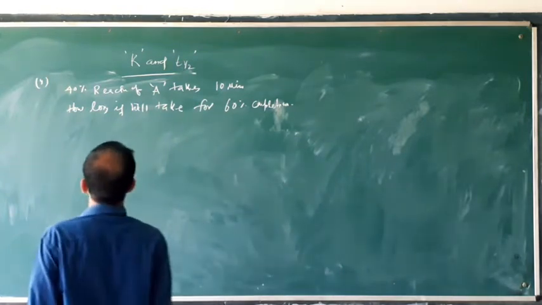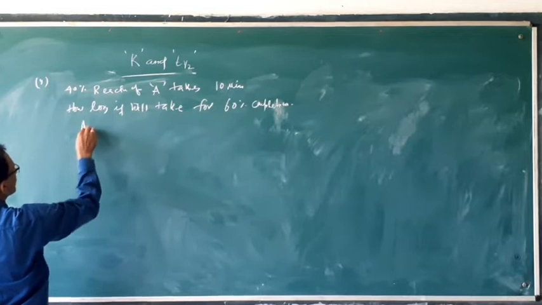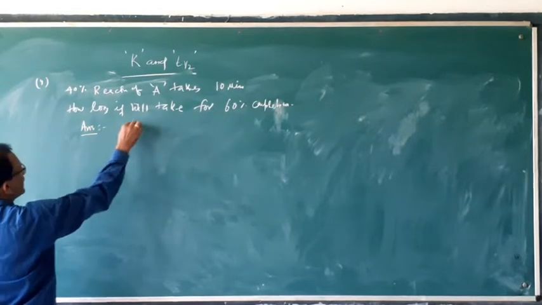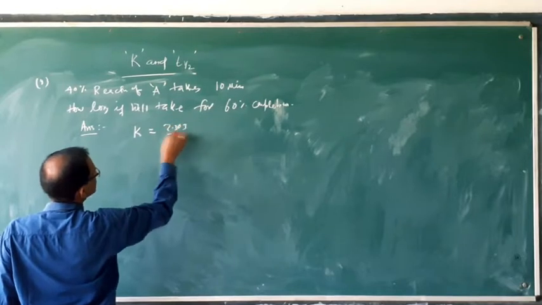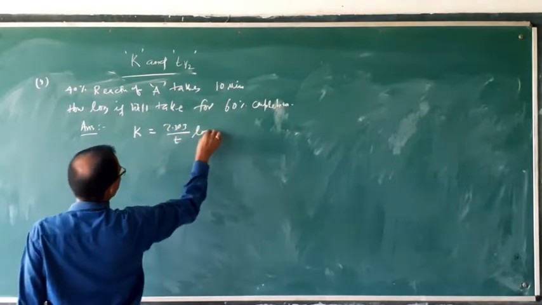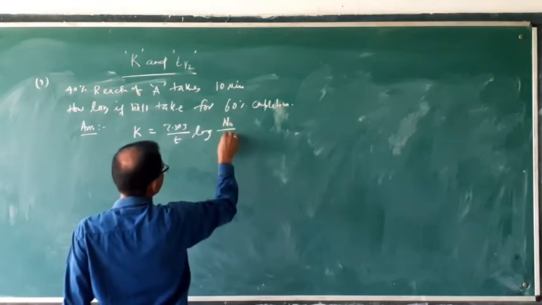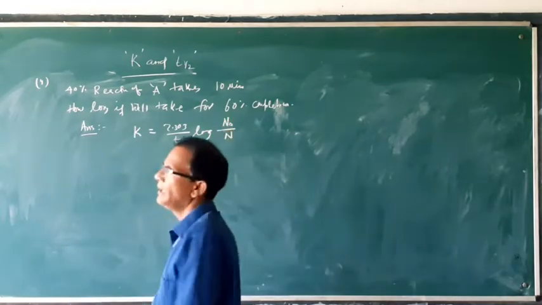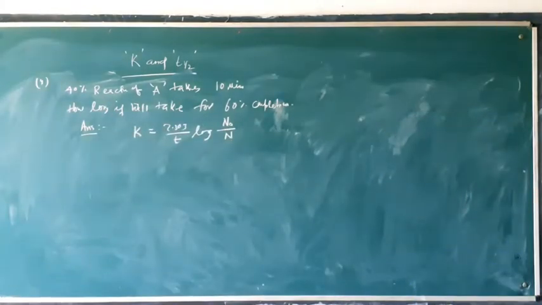For this we use the formula. We know K is equal to 2.303 by T log N0 by N. What is N0? N0 is the initial mass, N is the mass left.